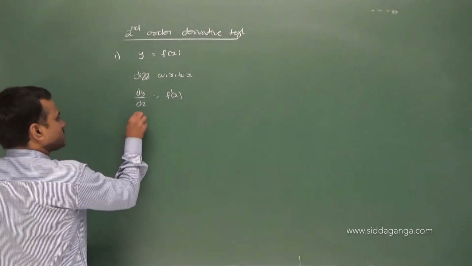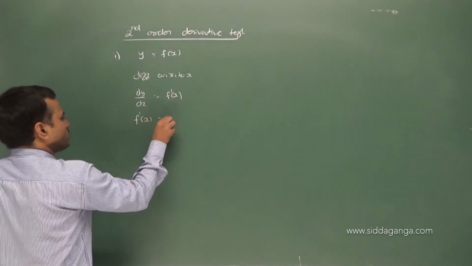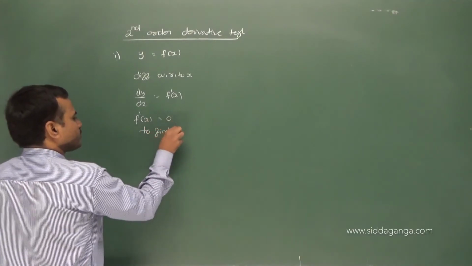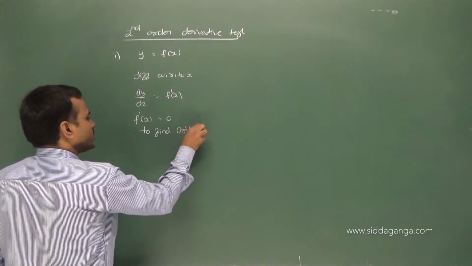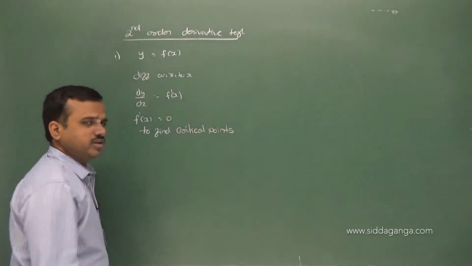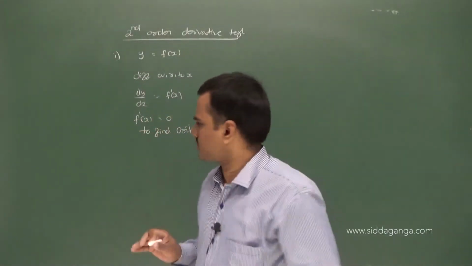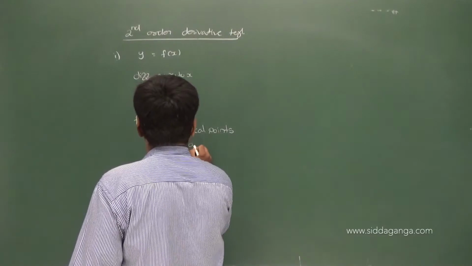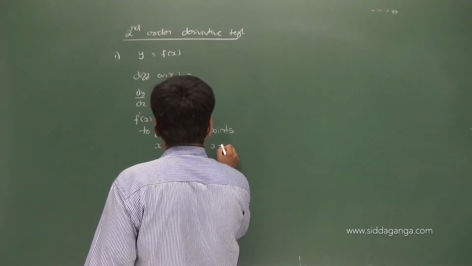Then we equate f dash of x to 0 to find the critical points, say x equal to C and x equal to D.